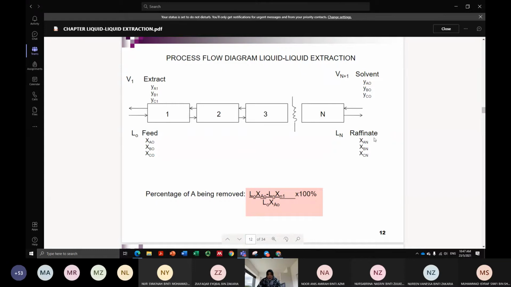If you look at this figure, it shows we have multiple stages of LLE, or liquid extraction.